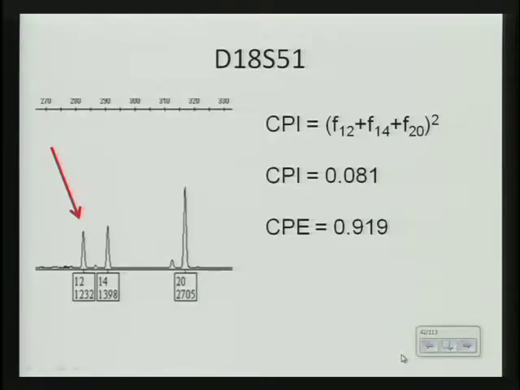In doing so, you assume that there's a 12-12 homozygote in there. That's what you're doing with your squaring of the frequencies. And that would leave the other combination of 14-20, where you're looking at a different mix ratio, and you're also looking at a peak height imbalance of about 50% or less.